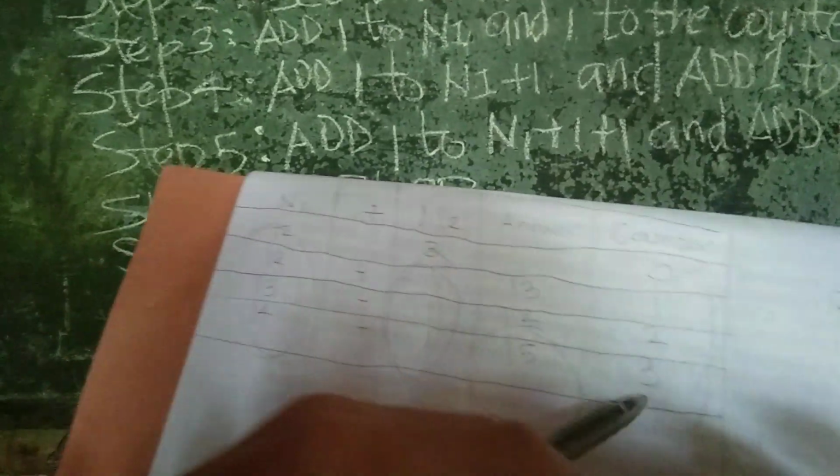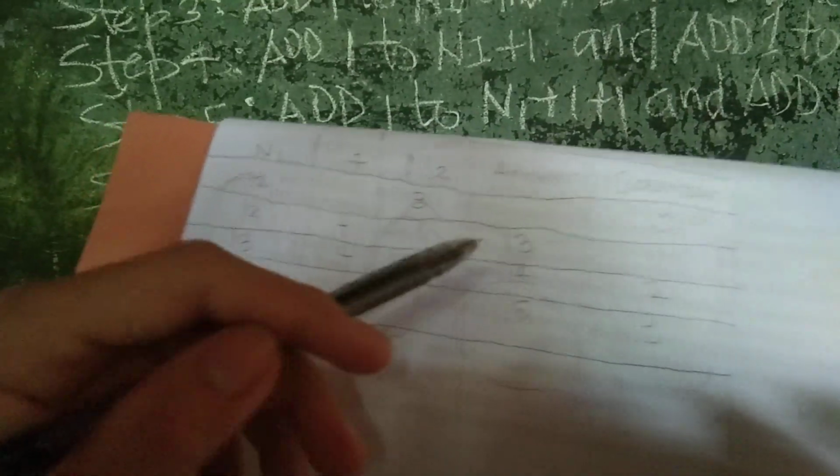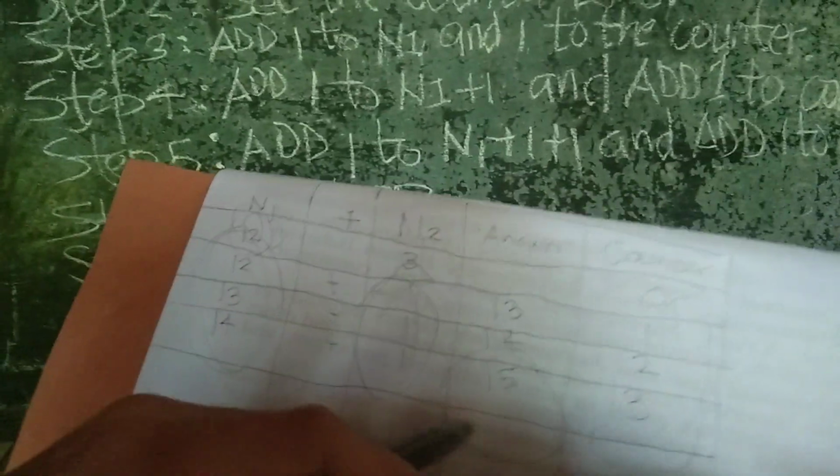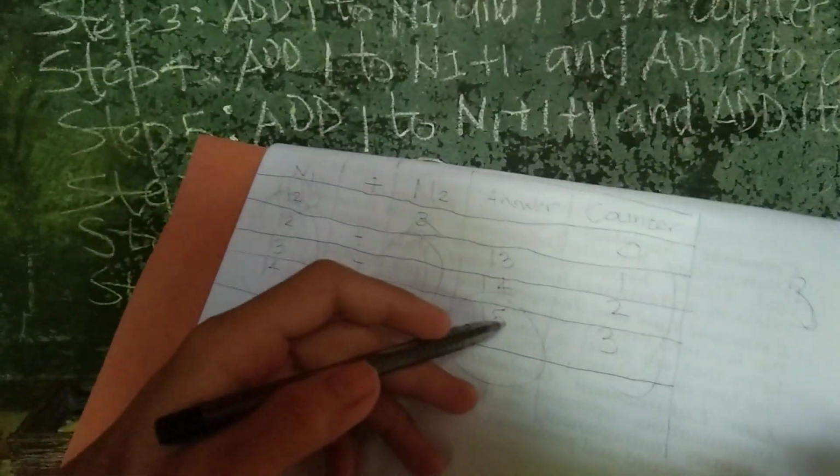And we stopped at the counter 3 because our n2 is 3, and that is the basis on how many number ones we are going to add to our n1. And the result of our answer is 15. So my answer to 12 plus 3 is 15.